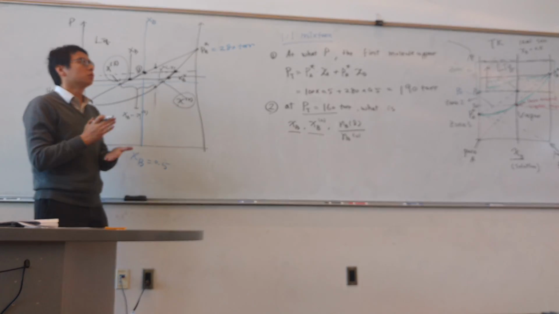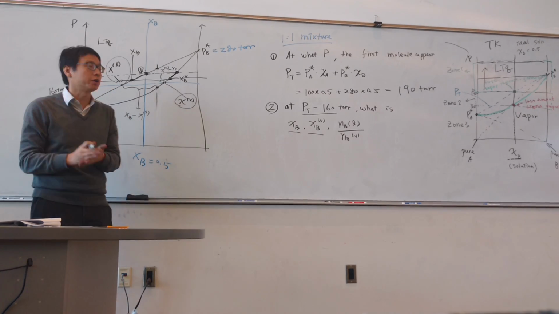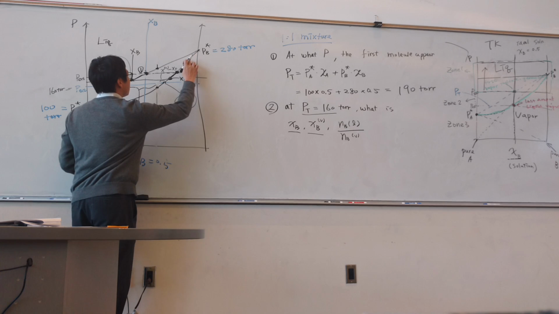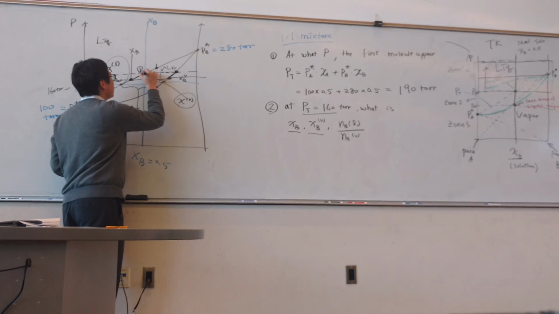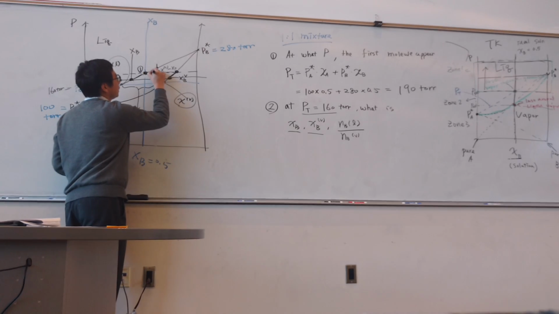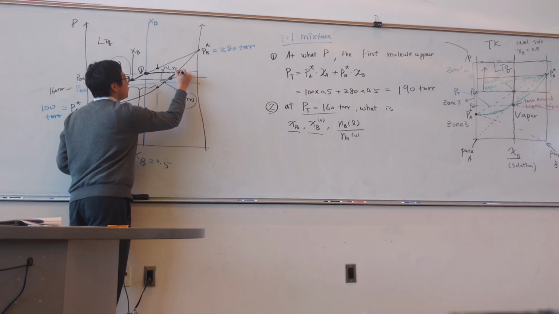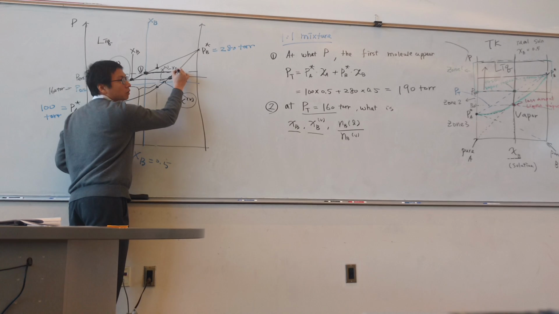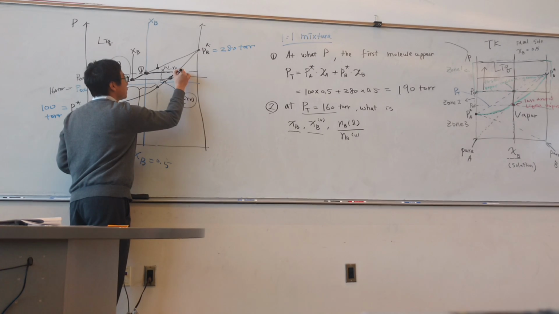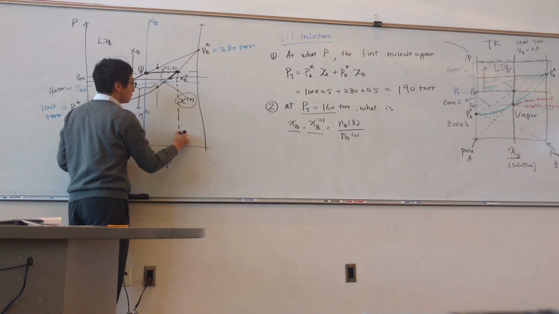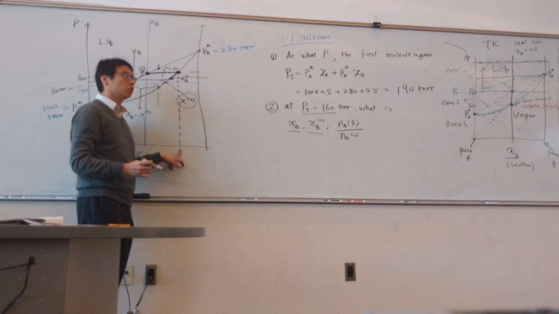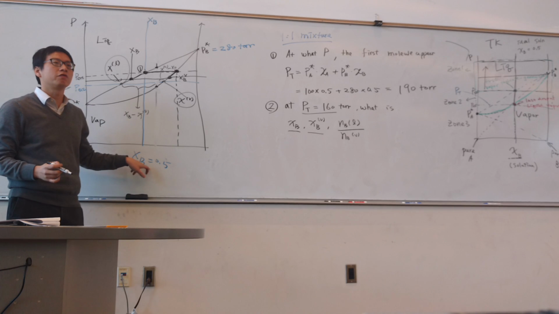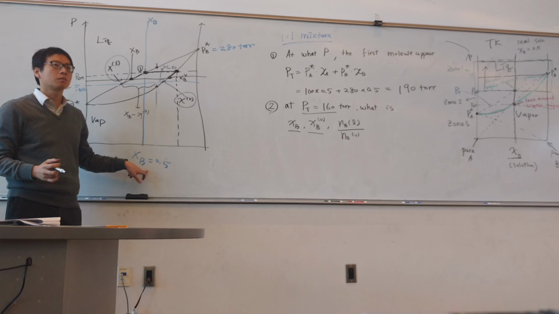To describe the chemical composition in your vapor, you should follow this curve underneath. So when you hit here, this is your XB inside the solution. If you want to know your chemical composition in the vapor form, that's the composition. And because B is a lot more volatile, the XBV here will actually be larger than 0.5.